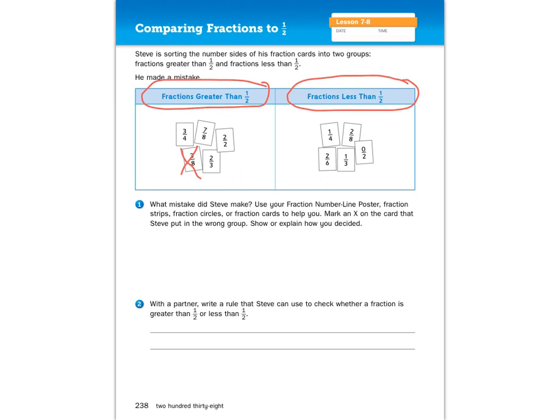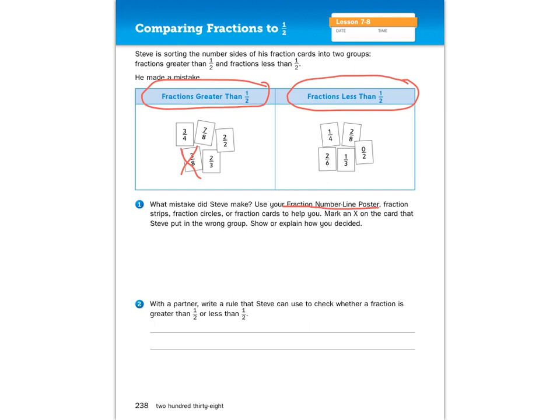I want to talk to you guys about the fraction number line poster. I have shown that to you in some of the other videos. Normally we would have that hanging up in the classroom and you could reference that. Normally you would have your own set of fraction circles. Maybe you have a set of fraction strips.